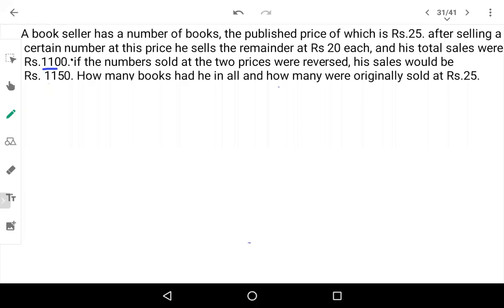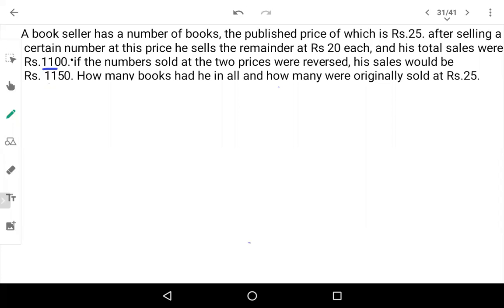So here there is a bookseller. He is selling the books. Okay. Now in the number of books that he is selling here, what is the main thing you have to understand is the publisher price, I mean, the price which was on the book was 25 rupees. Okay.